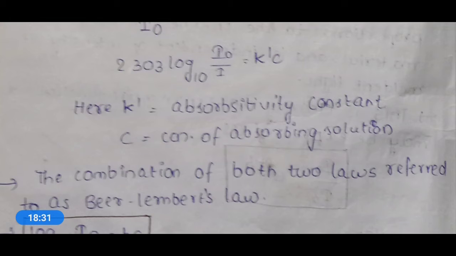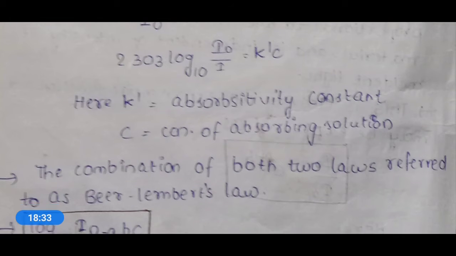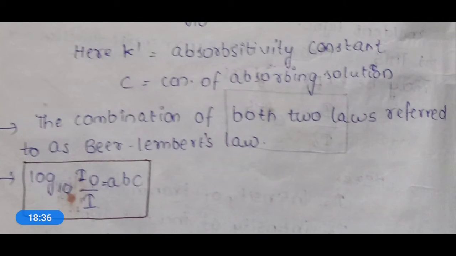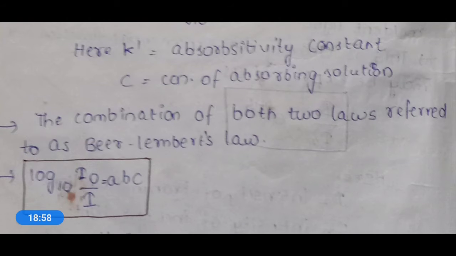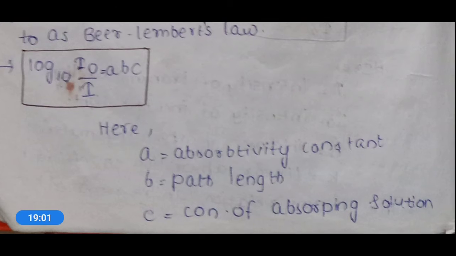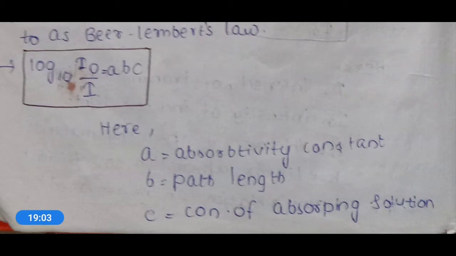The combination of the two laws is referred to as Beer-Lambert's law, and it is written as log 10 I naught by I is equal to ABC. Here A is the absorptivity constant, B is the path length and C is the concentration of the absorbing solution.